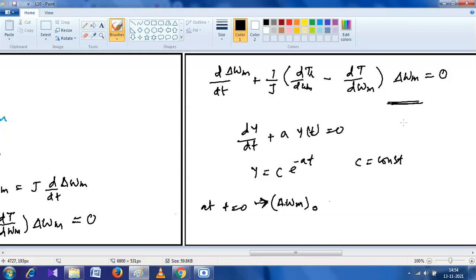I tell you the initial value of the speed change is delta omega m 0. So tell me the solution with this. Compare the above equation with the first order equation.